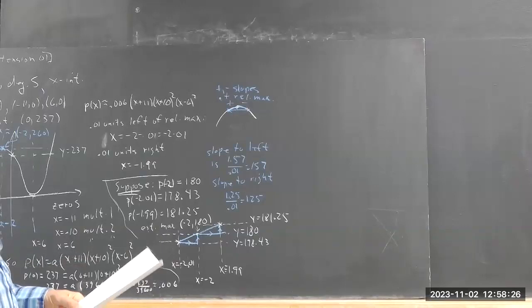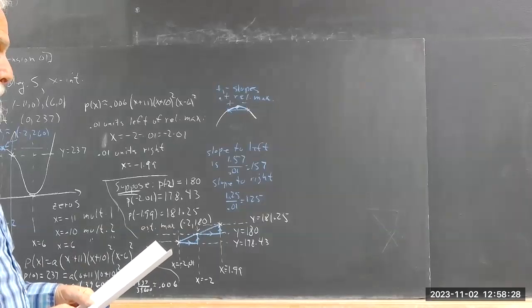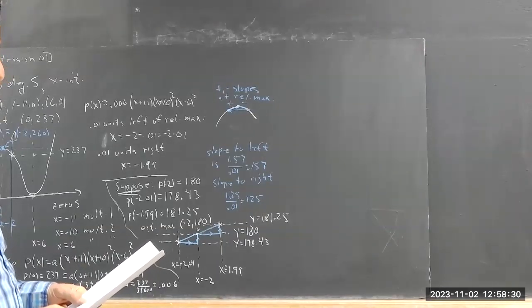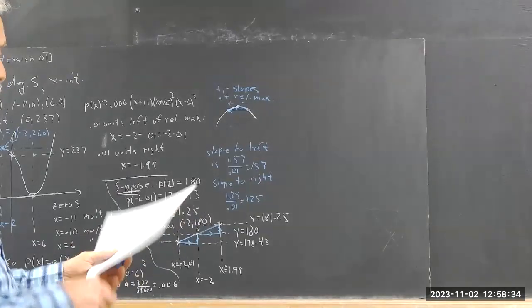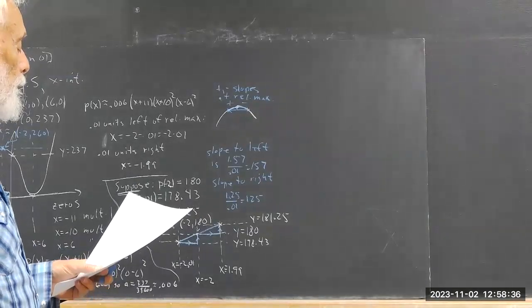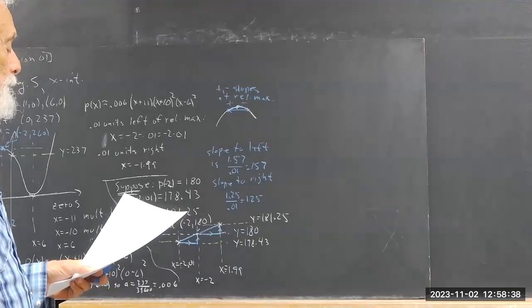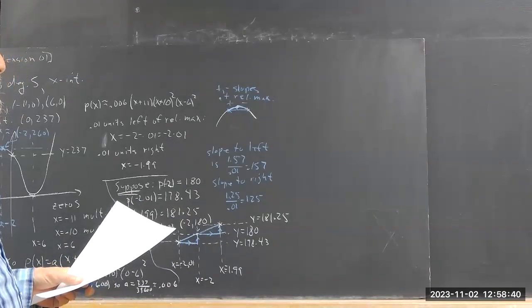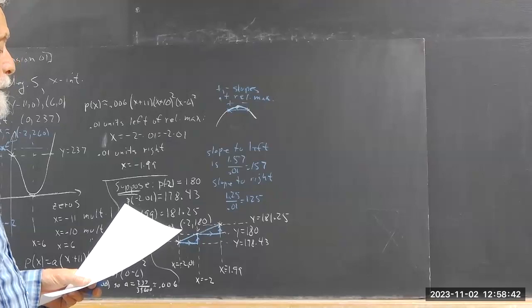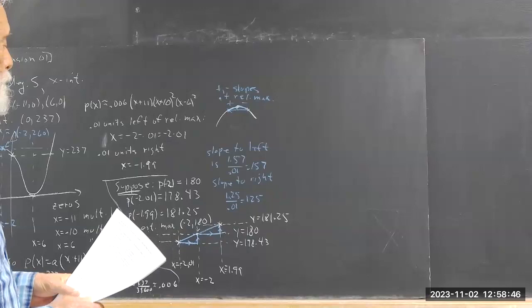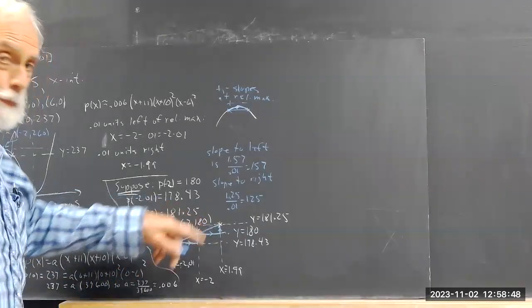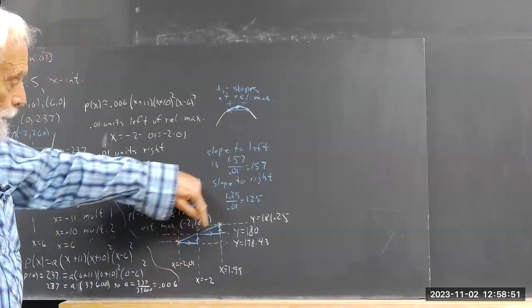If you just follow the instructions, it comes out pretty easy. Okay. I'm not going to say any more about that. Except, actually, I didn't ask you to find two slopes here. I just asked you to find the slope from here to here.